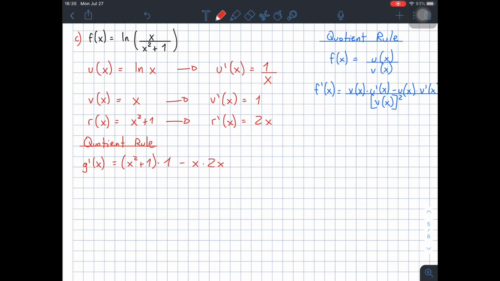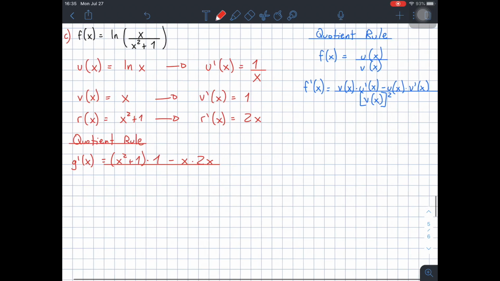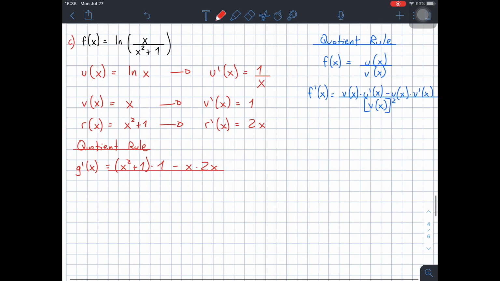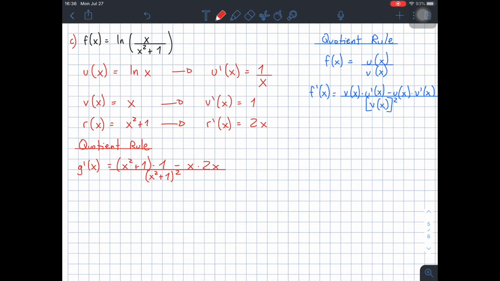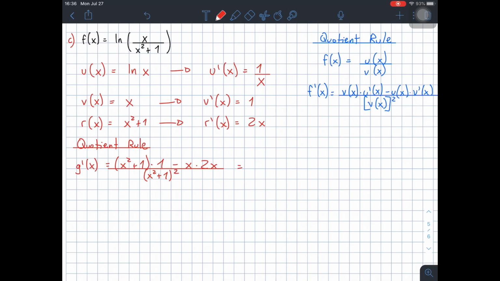And this is being divided by r of x squared, x squared plus 1 squared. Okay, then we need to simplify this. If we simplify, we get x squared plus 1 minus 2x squared divided by x squared plus 1 squared. So simplifying terms, it's 1 minus x squared divided by x squared plus 1 squared. Okay, so that is the result of the quotient rule.